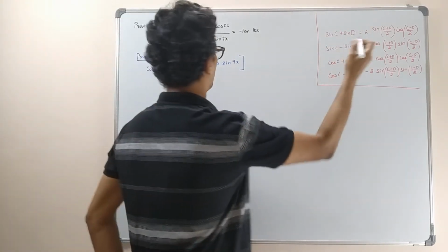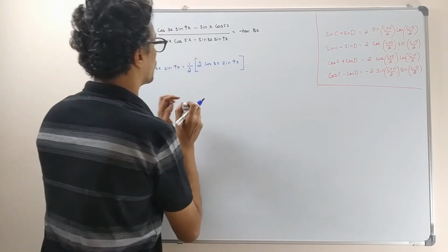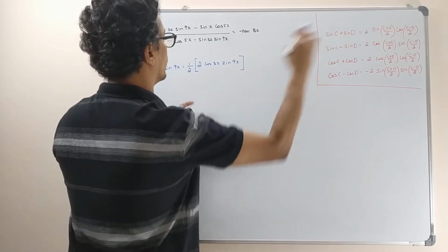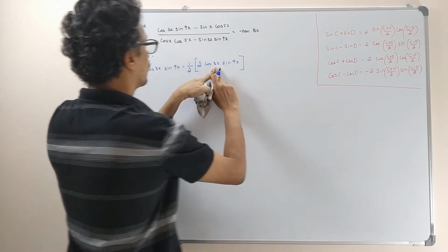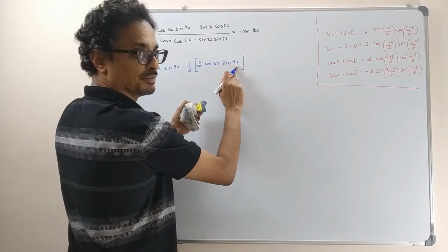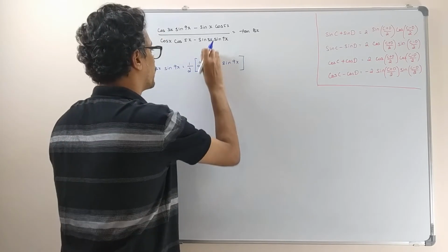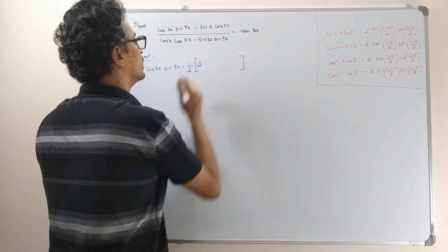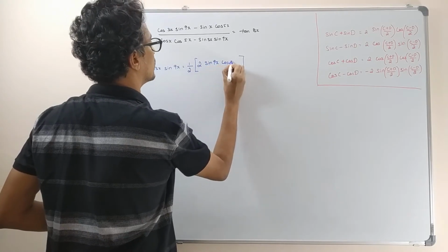This is cos and sine, so it is better to write it as sine and cos, because 9x is the bigger number, so this will be the sum and this will be the minus. I am going to write it as sin 9x cos 3x.